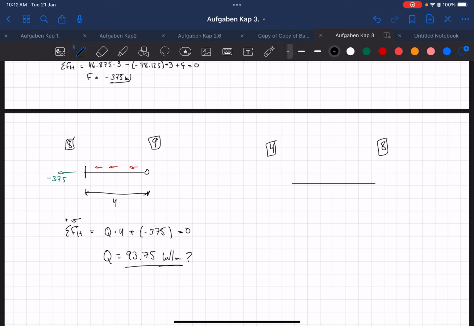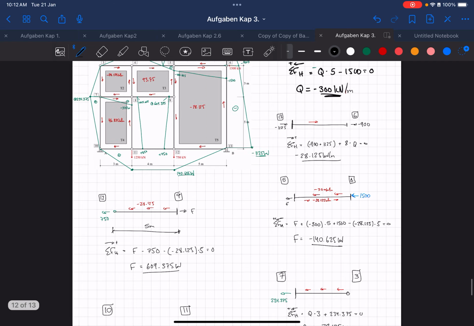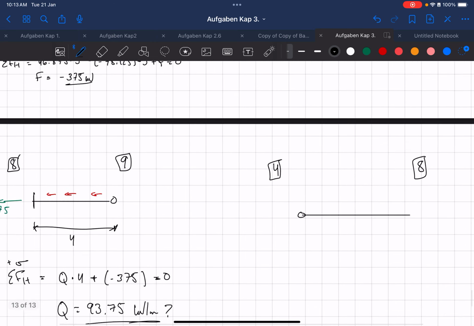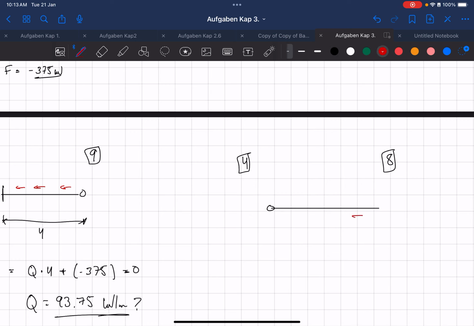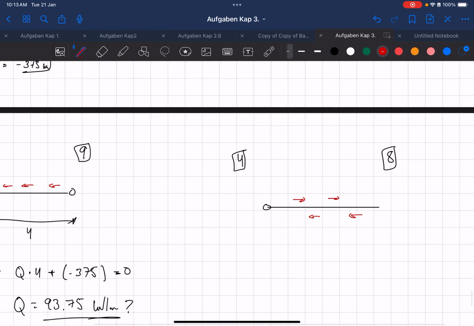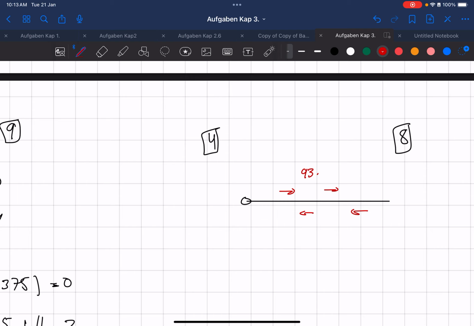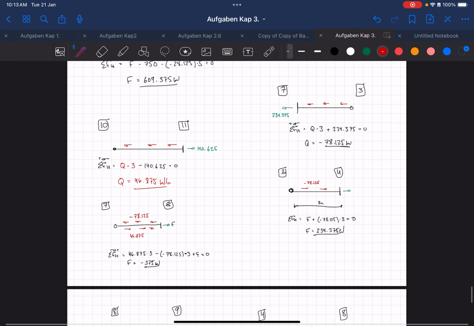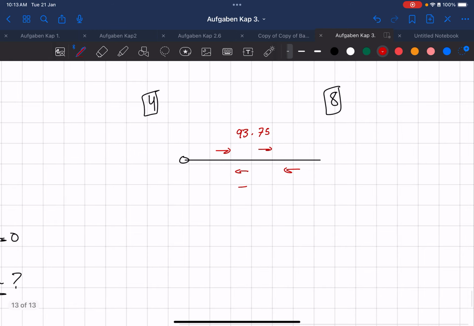So I have this, and as we said, this would be 93.75, and then this would be minus 78.125. Okay.